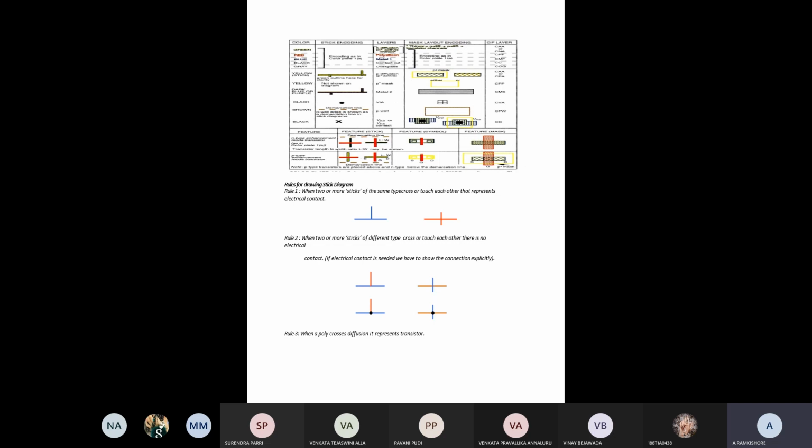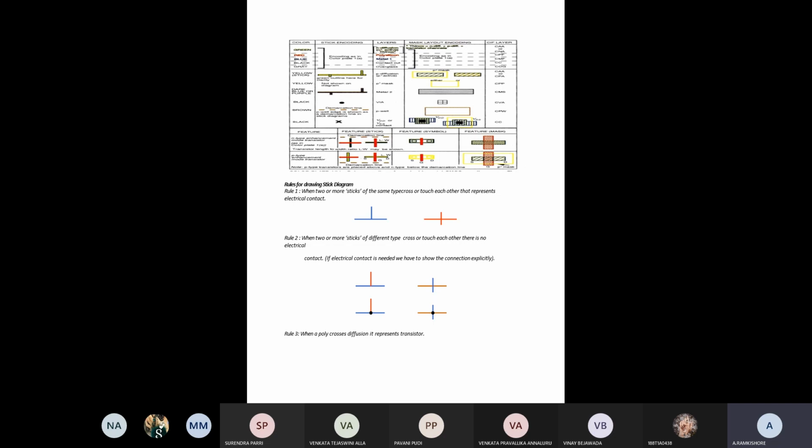Rule 2 is, when two or more sticks of different type cross or touch each other, there is no electrical contact. That means if electrical contact is needed, we have to show the connection explicitly.